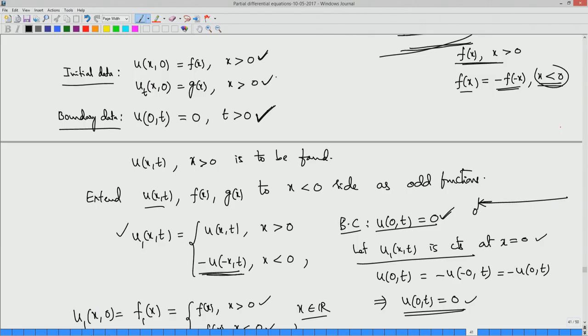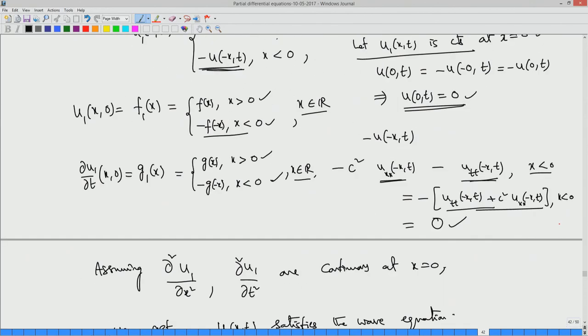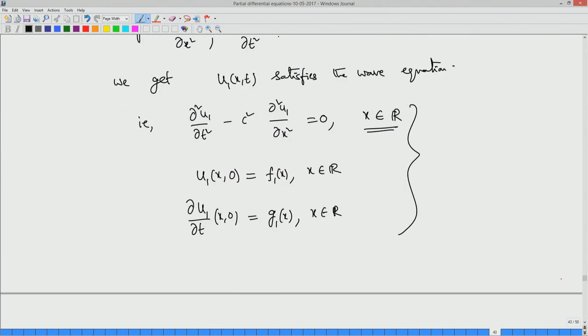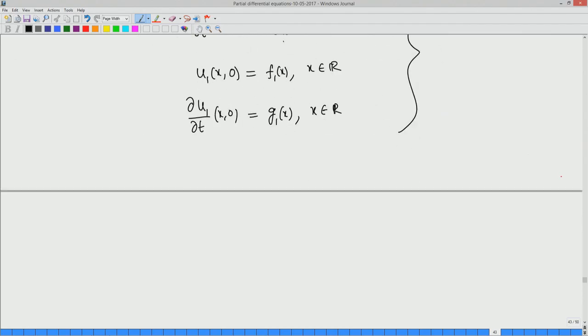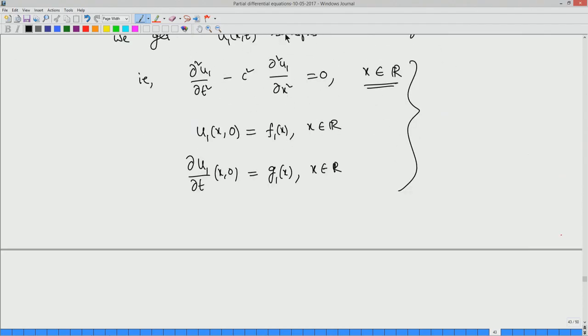Making use of this initial data, we simply extend these functions as odd functions, so that the boundary condition is automatically satisfied. Now what you have is simply the wave equation on the full real line, whose solution we already know. That is D'Alembert's solution.